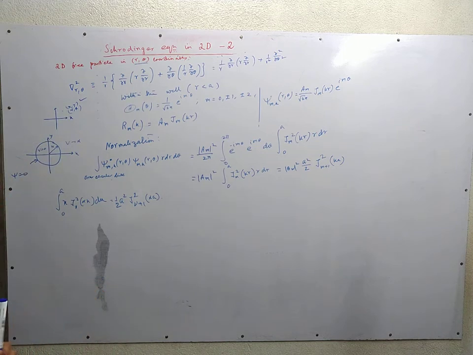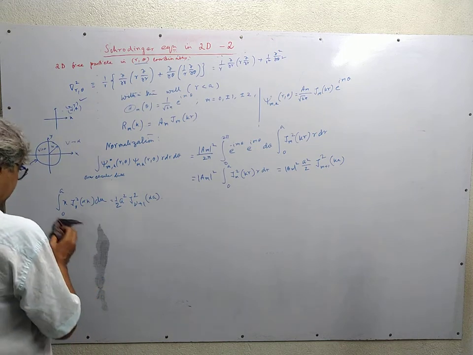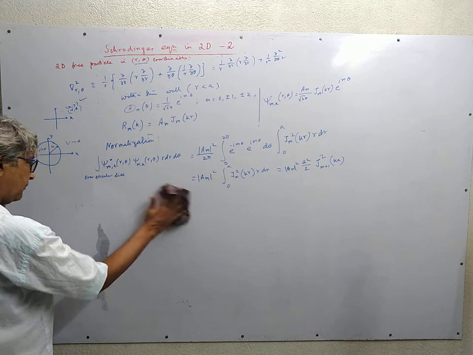This is one condition, the normalization aspect. Now we come to the boundary condition. This should have been discussed earlier, I have forgotten.